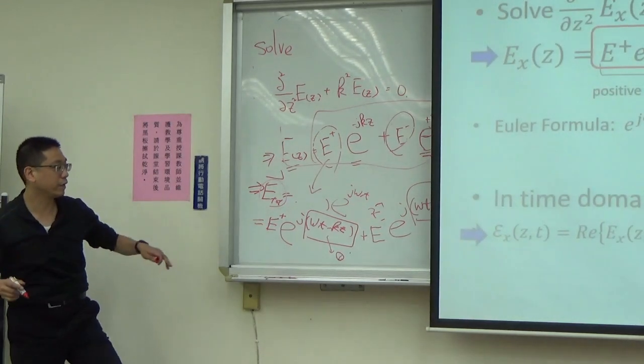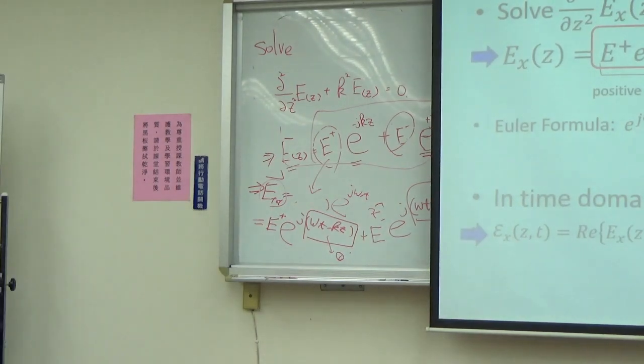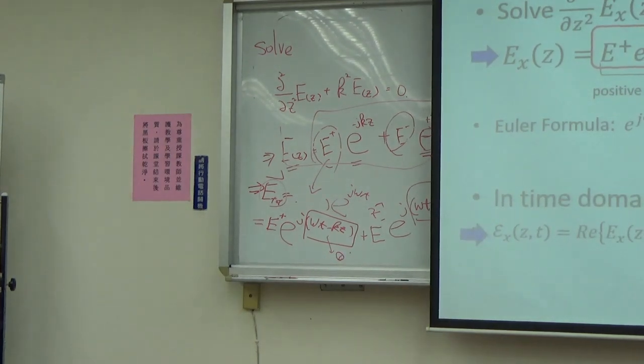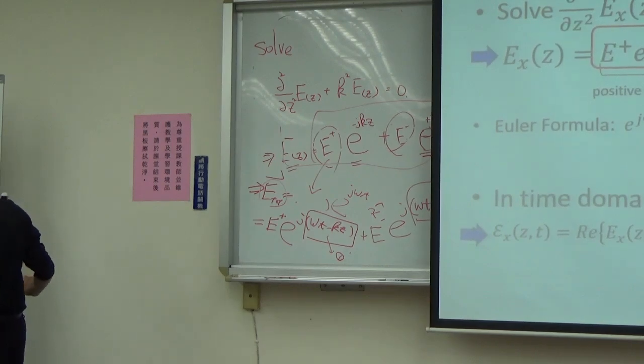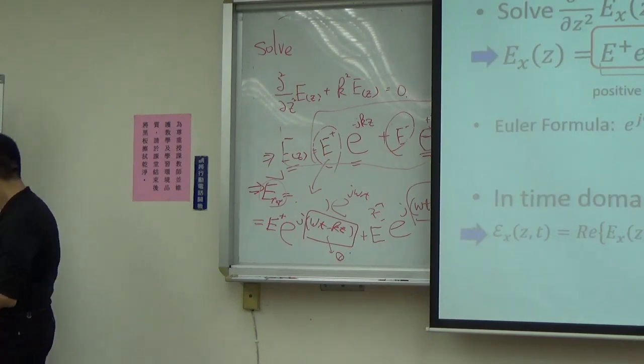So the real part of the E total will equal E plus times cosine omega t minus kz plus E minus cosine omega t plus kz, and I need to multiply by x.